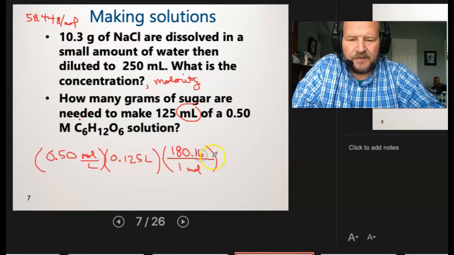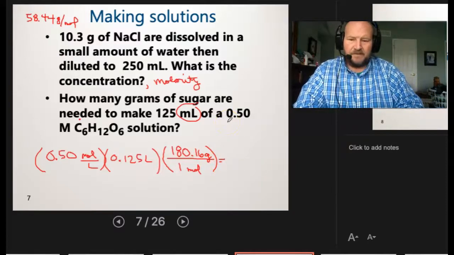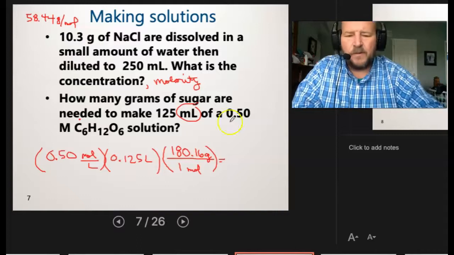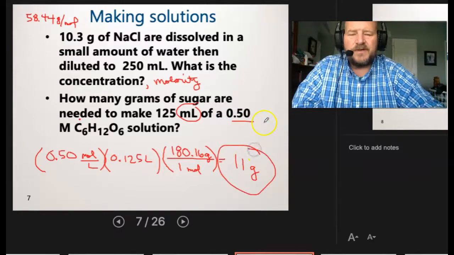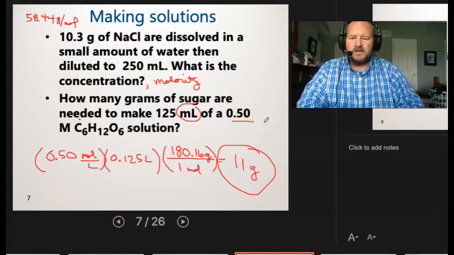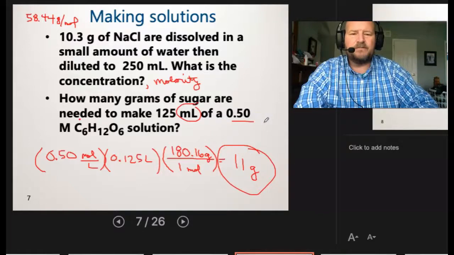It's all going to wash out with the sig figs. But that's the molar mass of that sugar. So I'm going to take 0.5 times 0.125 times 180.16, and I'm going to get to 2 sig figs, 11 grams. So I would need 11 grams of sugar in order to make that solution.